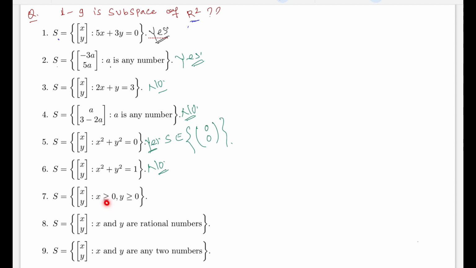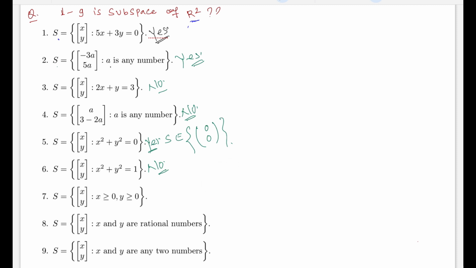So the 0 0 vector will be there, right? Because we can take the first and second components greater than or equal to 0. Second, I can directly see that the third condition will not get satisfied.